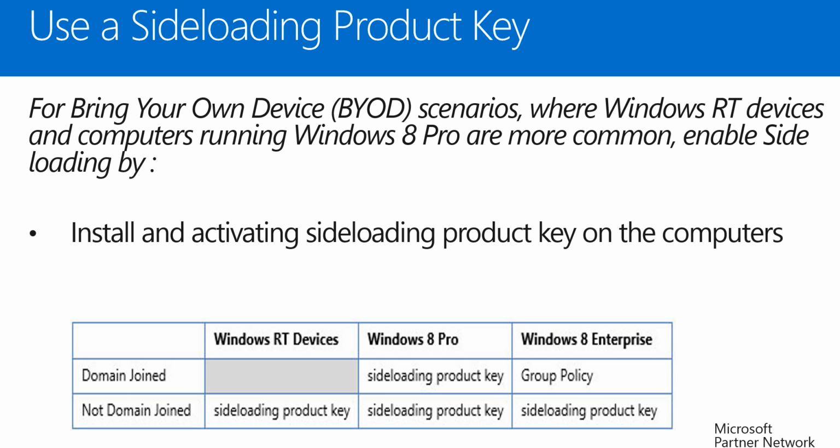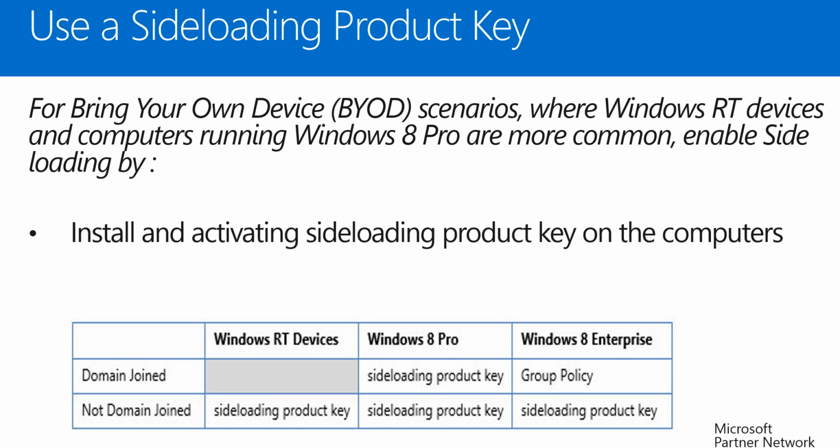For the bring your own device, BYOD, scenarios, like using Windows RT devices or Windows 8 Pro devices, wherein it is not joined to the domain, the process is a little different.